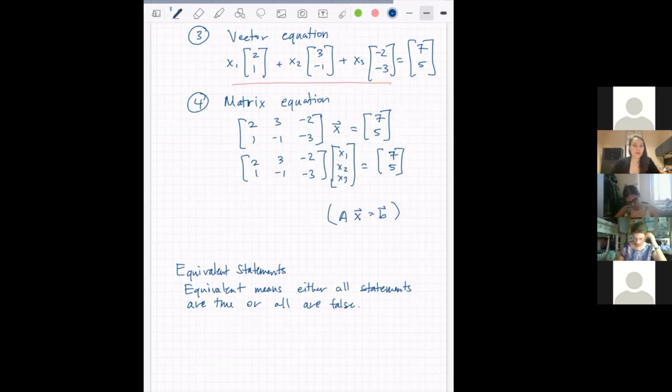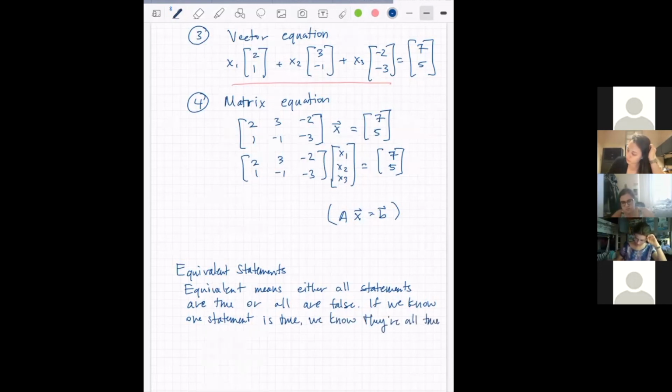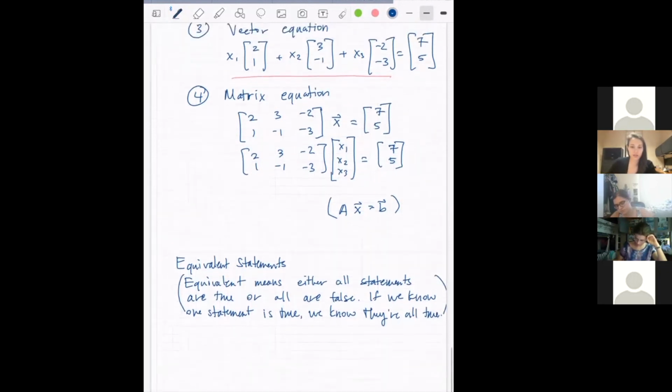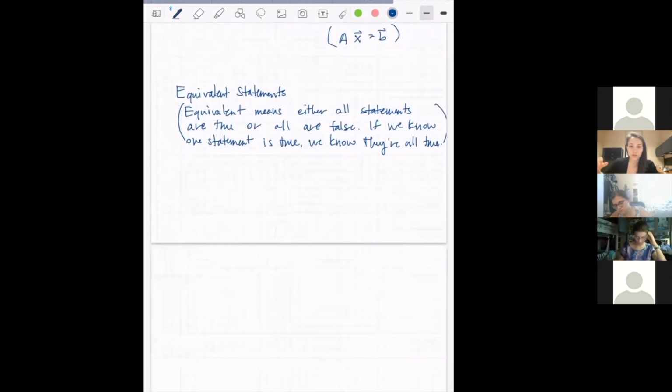So if we know that one statement is true, they are all true. So this is useful to be able to write down things that are equivalent, right?